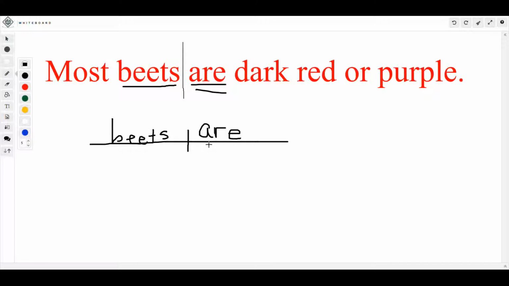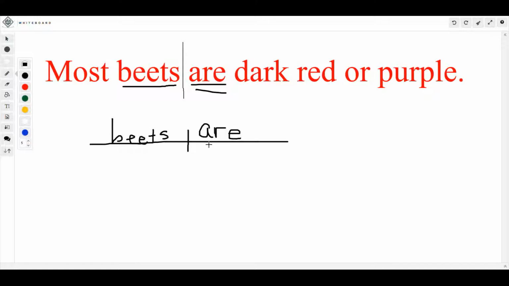Look at number 2. Sugar beet roots look white. First, we need to put the line between the complete subject and the complete verb. Where's the verb? Look. So your line should go between roots and look.